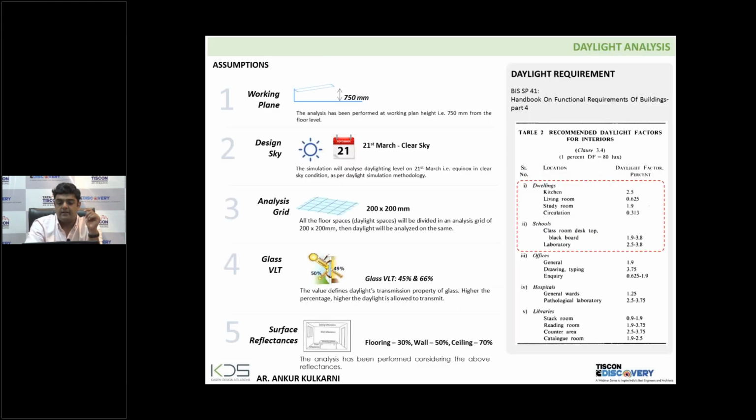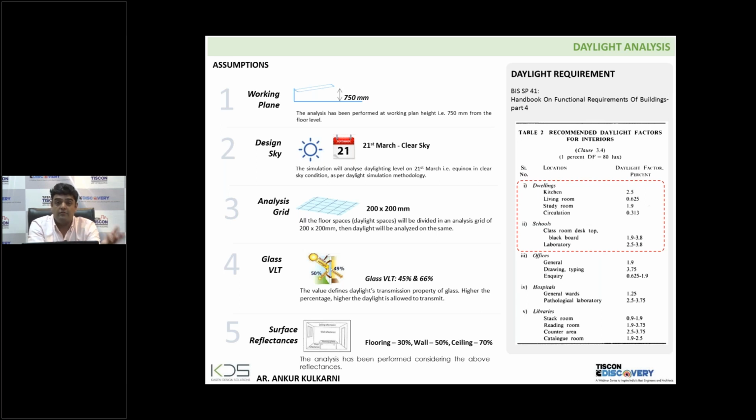Yeah. Then of course, the next step was daylighting analysis. For the daylighting analysis, we performed a baseline analysis. This is a standard requirement. If you refer to any green building certification methodologies or guides, IGBC, LEED, GRIHA, they talk along similar lines: your working plane should be 2.5 to 3 feet.